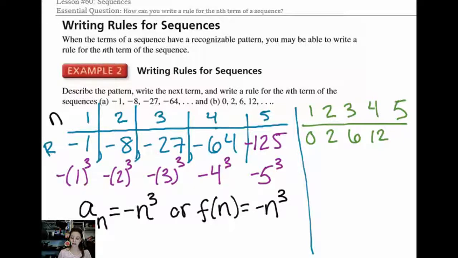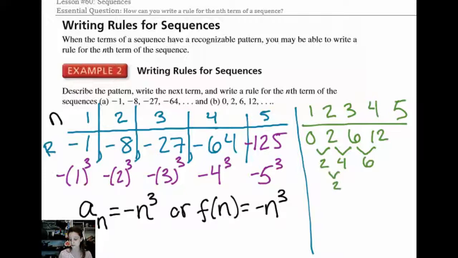Okay, I'm not seeing this right away, so I'm going to go back a couple of units ago and I'm going to look for the differences in the range. So these are 2 apart, 4 apart, 6 apart. That is not a common difference. The first difference is not common.